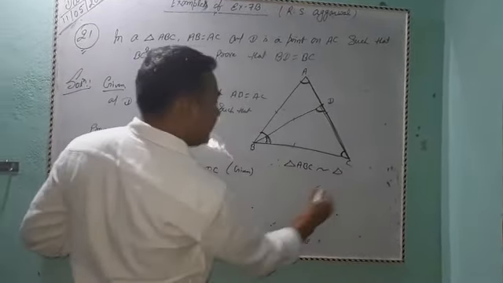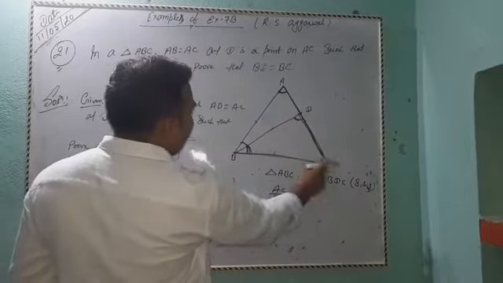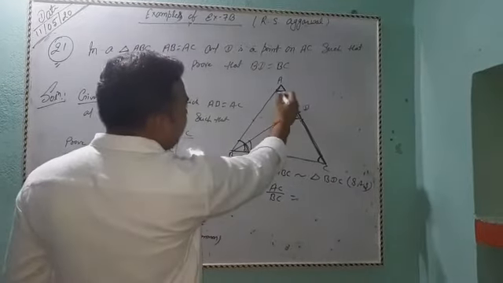So we write AC by BC: AC is the opposite side of angle B in triangle ABC, and BC is the opposite side of angle BDC, and this angle is equal to this angle.